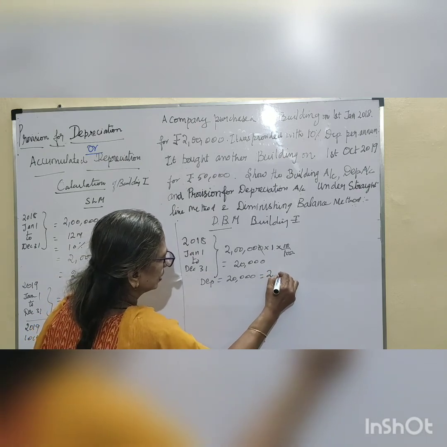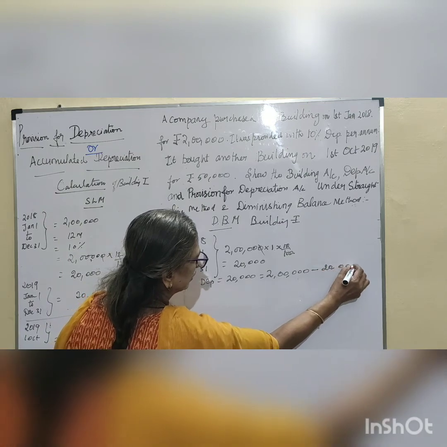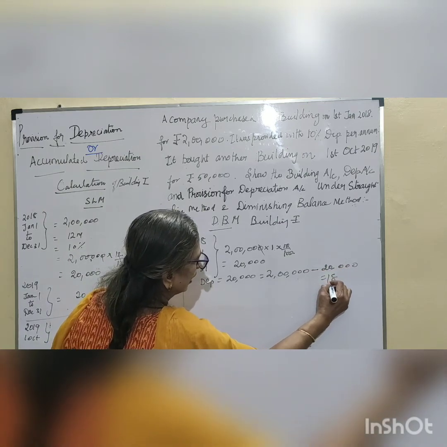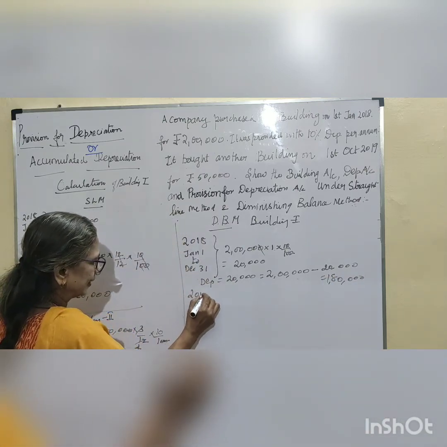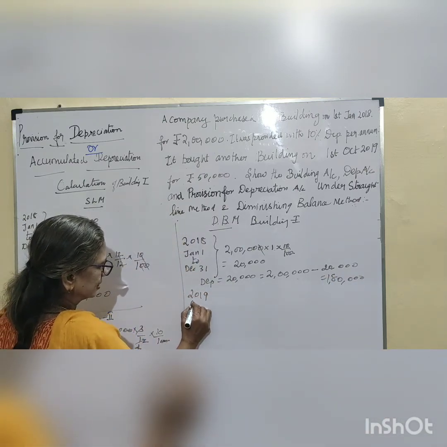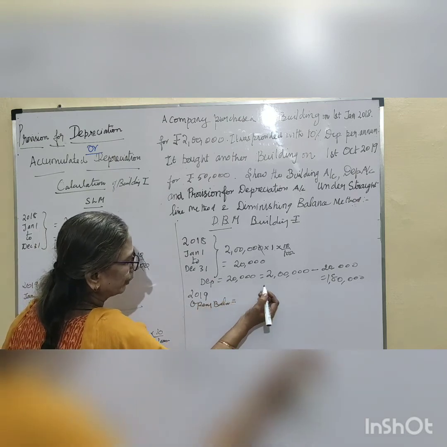The closing balance, 2 lakhs minus 20,000, will be 1,80,000, which is the 2019 opening balance of the building.